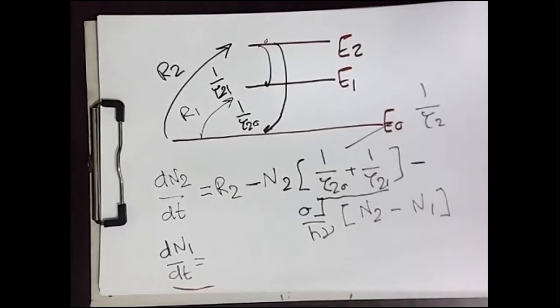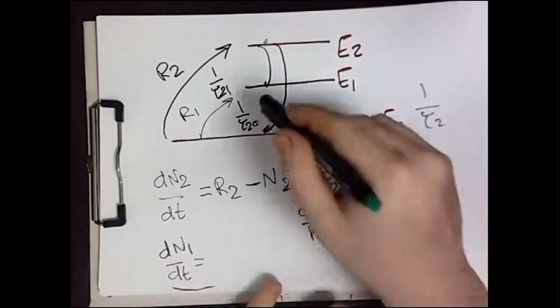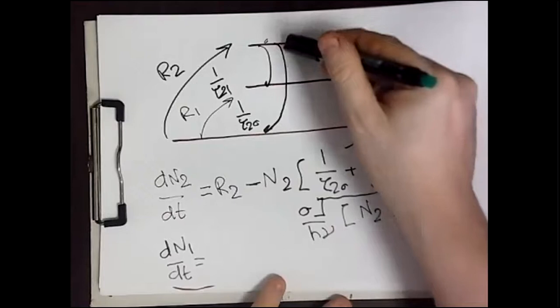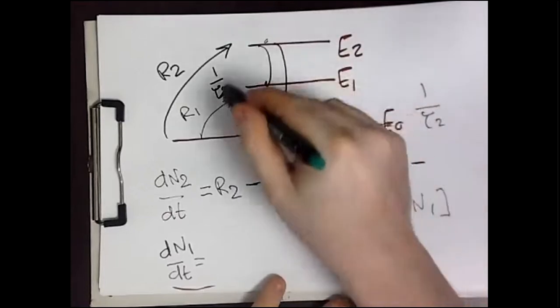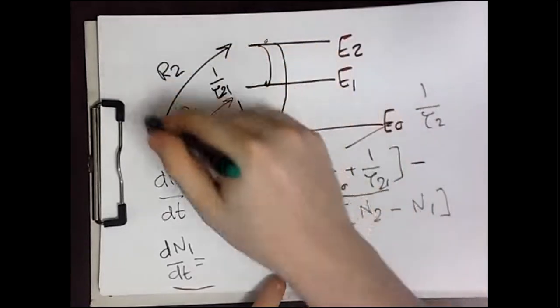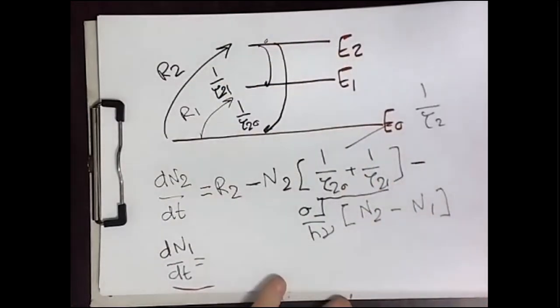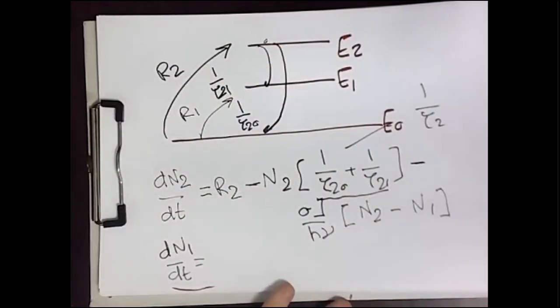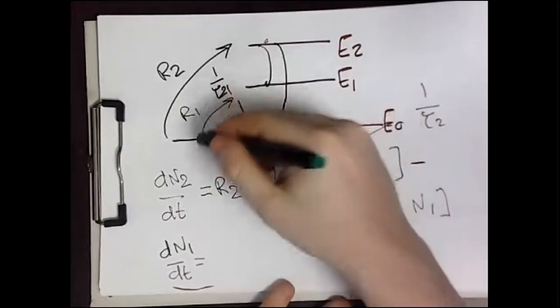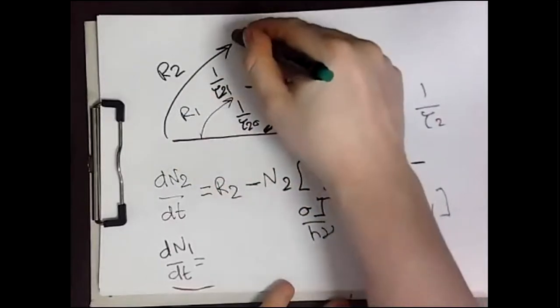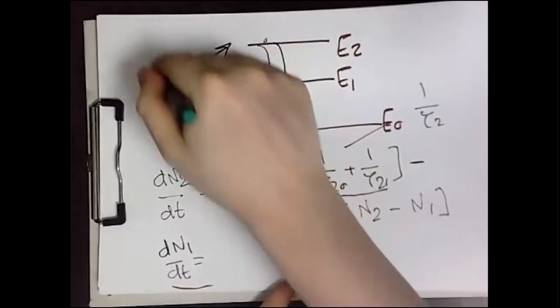You told us that the stimulated emission is limited to E2 and E1. Where do R1 and R2 come from? R1 and R2 are not the stimulated emission source, because they give energy greater than E2 over E1. So what is the source for R2 and R1?